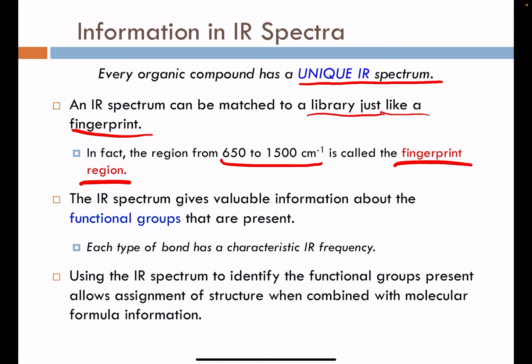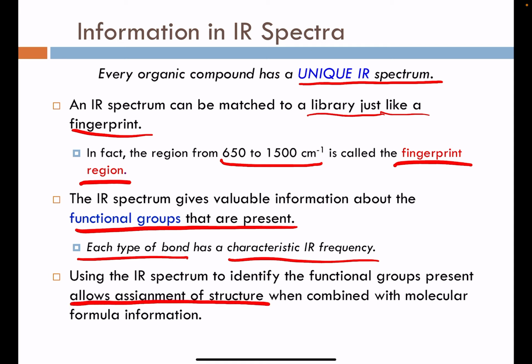The rest of the IR spectrum gives valuable information about functional groups that may be present, and each type of bond has characteristic IR frequency, as we've seen tabulated in earlier slides. And the IR spectrum, to identify these functional groups present, can allow for the assignment of structure, especially when we combine it with other molecular information, such as that in NMR spectra, as we've done in our earlier lab.